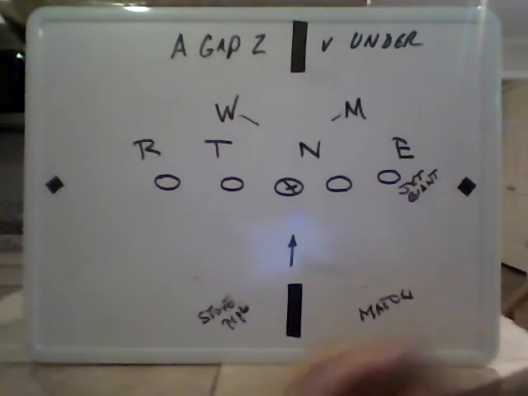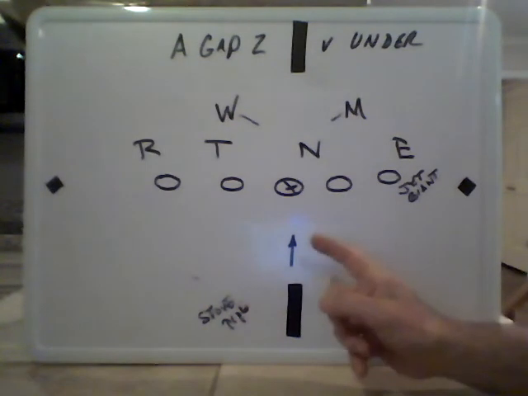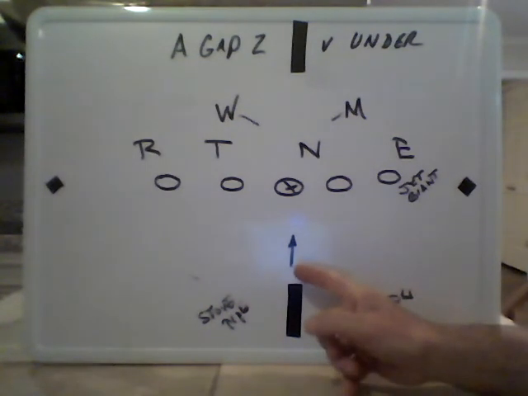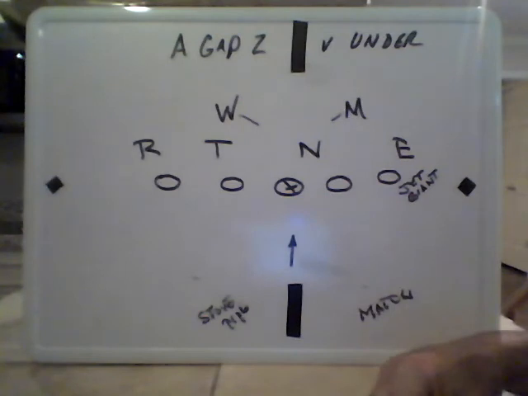Okay, and just back to the quarterback for a second. I think that if you're going to run shotgun zone read, you want a point guard type quarterback here. A drop back guy, I'd rather have him under center and run some other kind of offense.